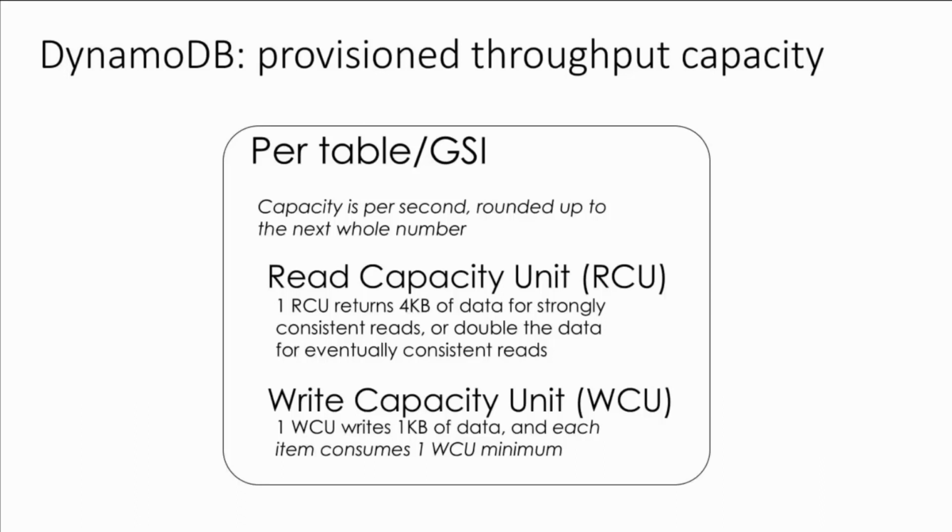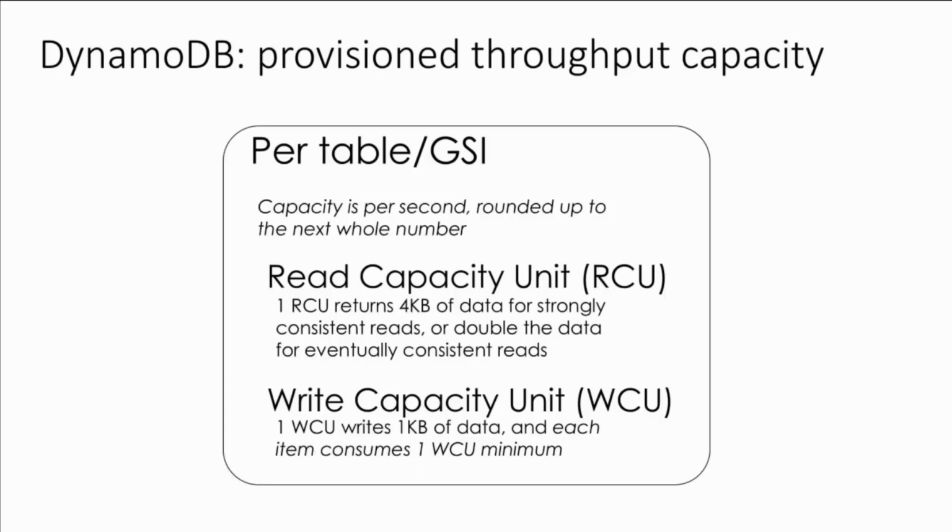There are two types of throughput capacity: read capacity, which is measured in read capacity units, and each RCU returns 4 kilobytes of data for strongly consistent reads or 8 kilobytes of data for eventually consistent reads. And you can select whether your read operation is eventually or strongly consistent using the appropriate option on the read request, read consistency option.